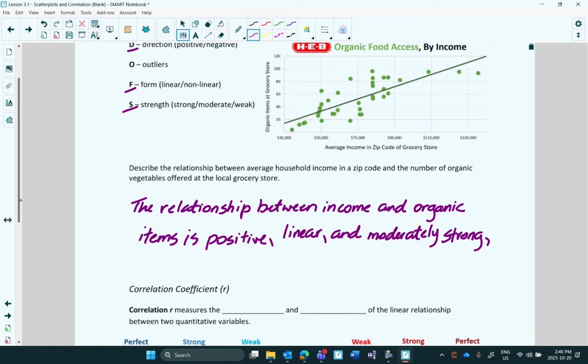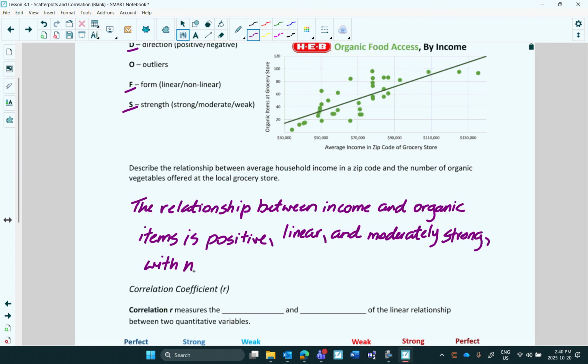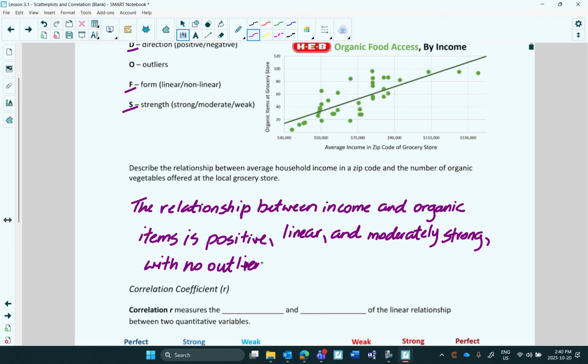Is any of them really far from the regression line? No. This one, yeah, but then that one's pretty close to the same difference, just like that one is. So there's really nothing sticking out. So, with no outliers.